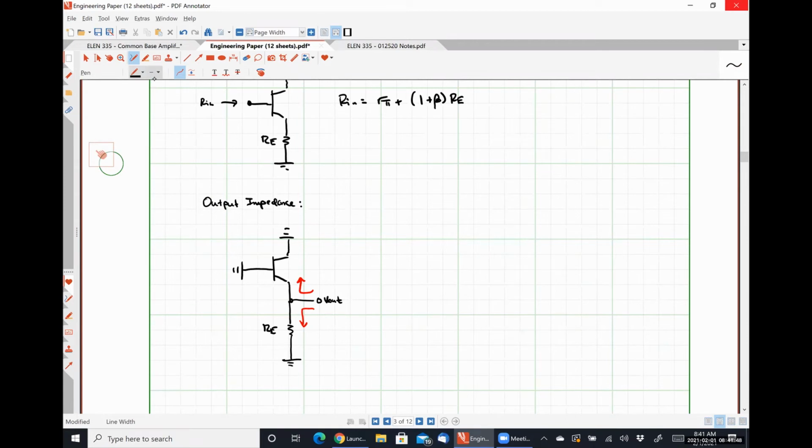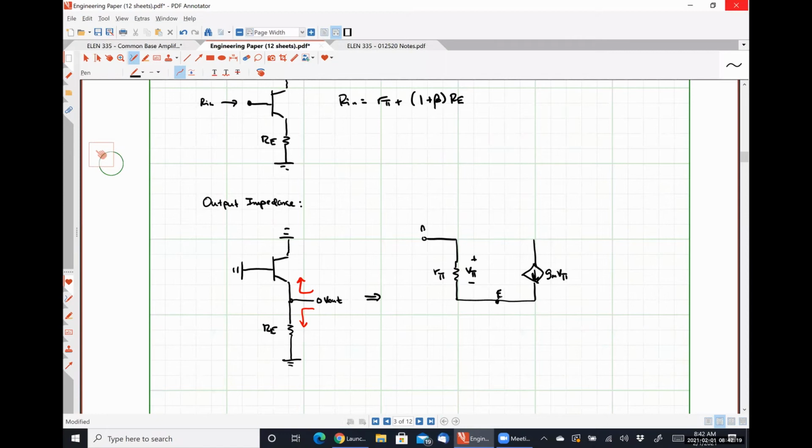So I'm going to draw my small signal model for this guy. So let's put our base here. Here is R pi, B pi, GM V pi.